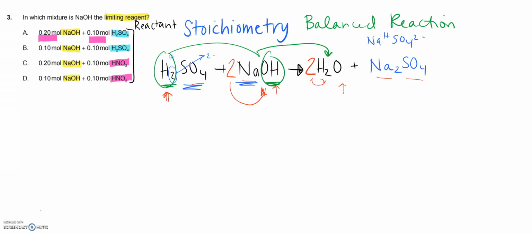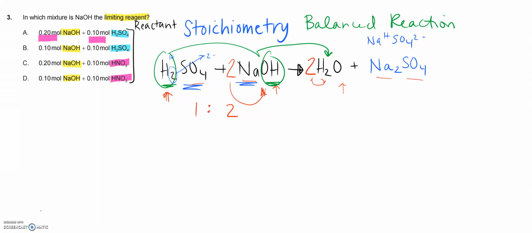So now I've got a balanced equation there. So my ratio between sulfuric acid and NaOH is 1:2, and that molar ratio is going to come in handy as we are determining the amount of the limiting.